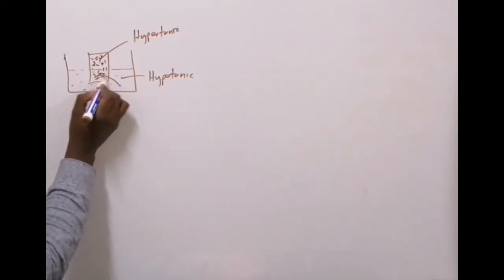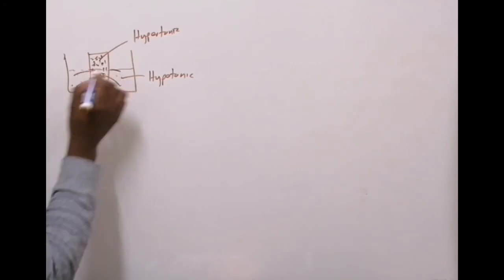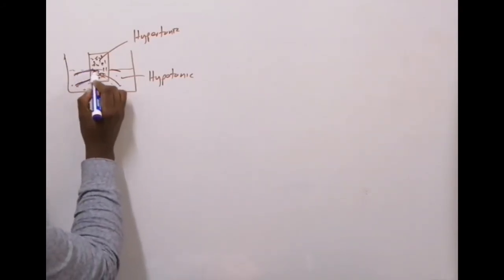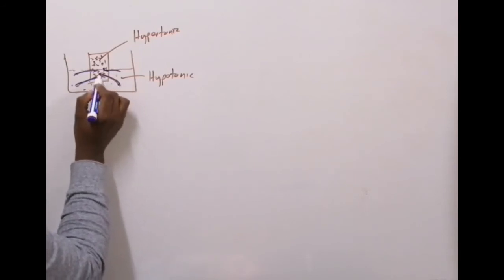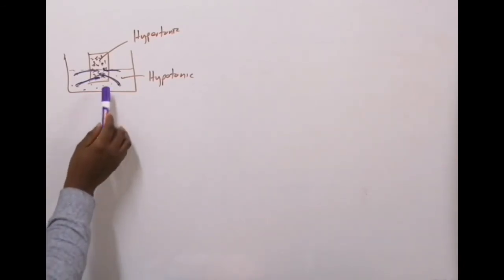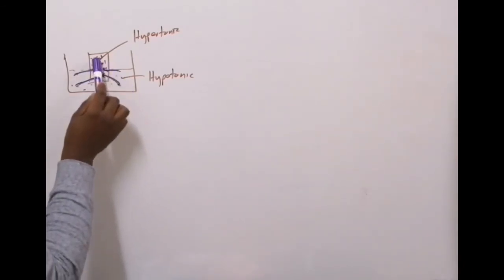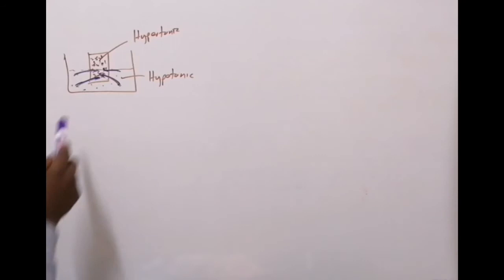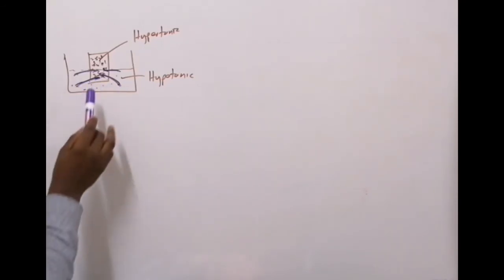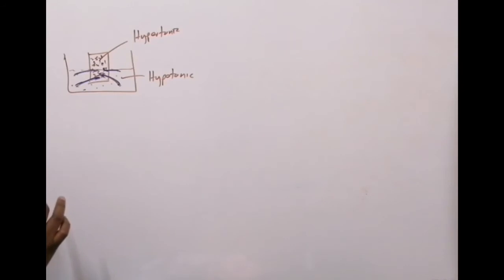Water is going to start moving inside the cell, because of the difference in the concentration. So there's a concentration gradient between the concentration that is here and the concentration that is in the cell. So this water around here will start decreasing because the water will start getting into that cell.